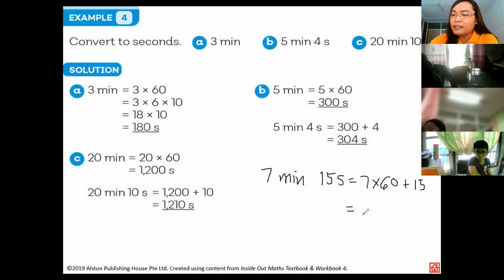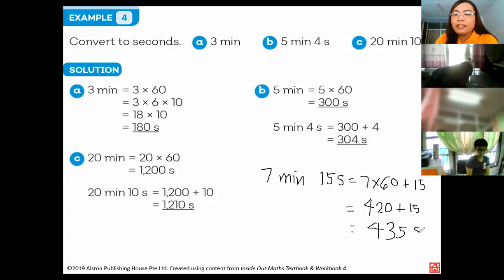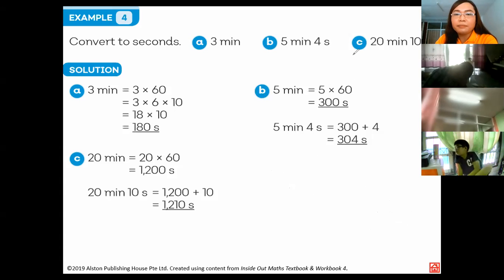Repeat louder, please. 420. Plus we have 15. 435. Very good. So there are 435 seconds in 7 minutes and 15 seconds. Do you understand? Yes or no?